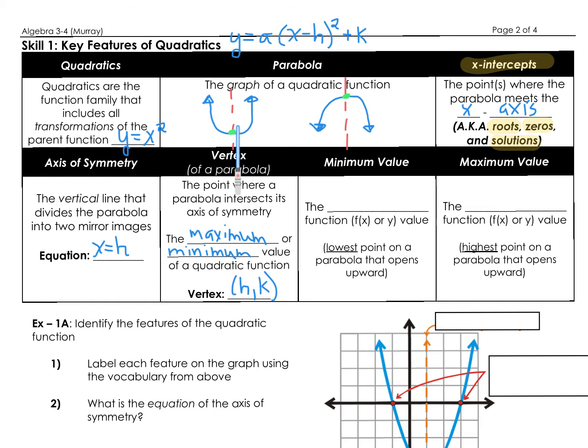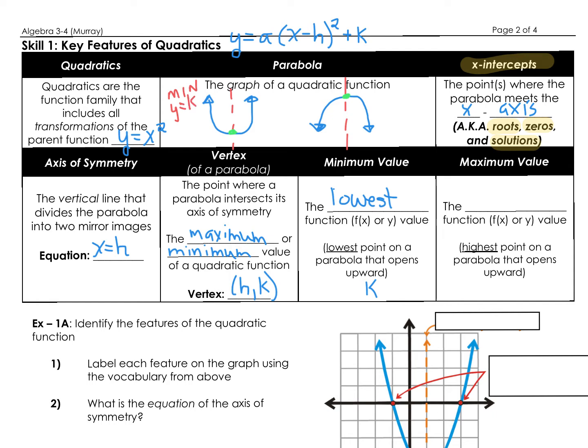Then, as I look at these two different types of parabolas, in this parabola the vertex is at the bottom, so that is considered a minimum value. So that is the lowest function or y value. And k is going to represent that minimum value. So it's going to be y equals k.